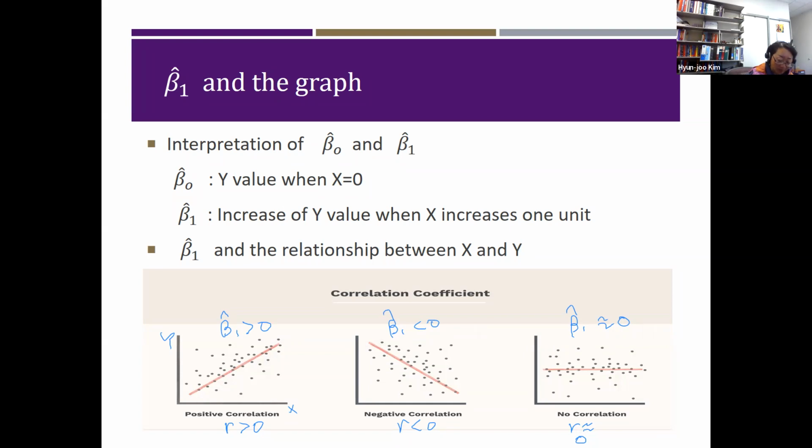When beta 1 hat is positive and R is positive, we can guess that X and Y are positively related. When beta 1 hat is negative or R is negative, you can say that they have a negative relationship. If beta 1 hat and R are about 0, you can say that X and Y are not really related.